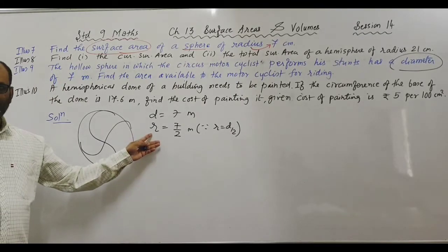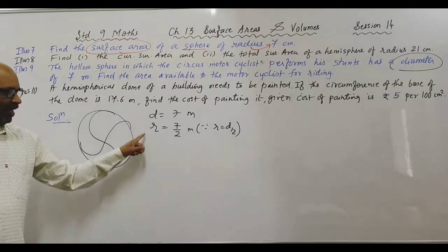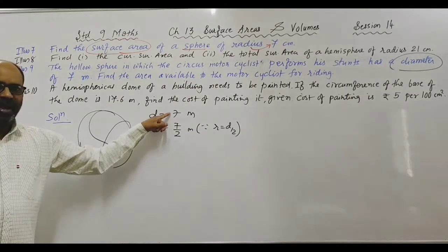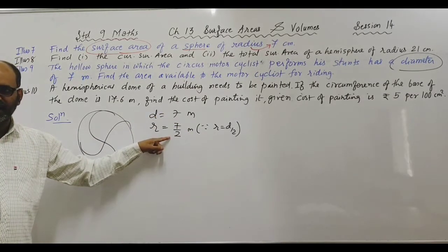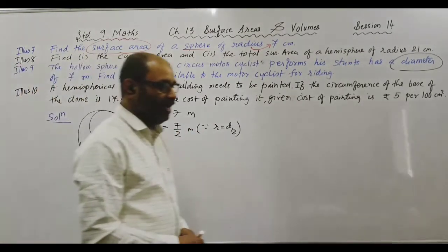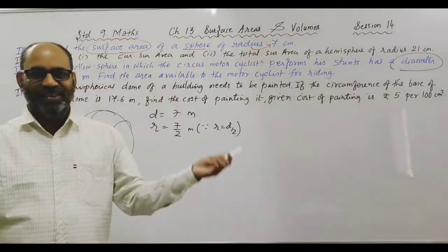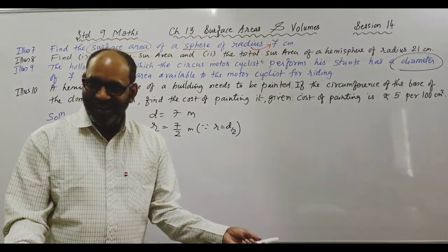You know, अब 5th standard से पढ़ के आ रहे हैं relation between diameter and radius. Radius is half of diameter. So if diameter is 7, 7 divided by 2. And you have to write the formula. R is equal to D by 2. Ready? Okay.